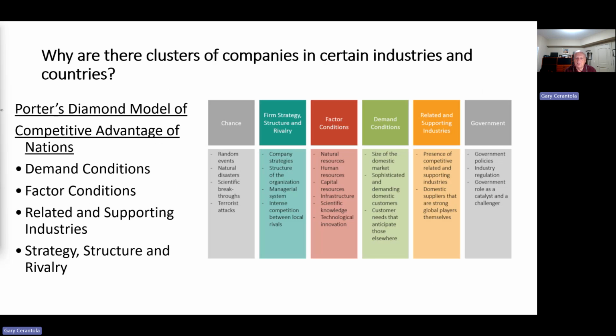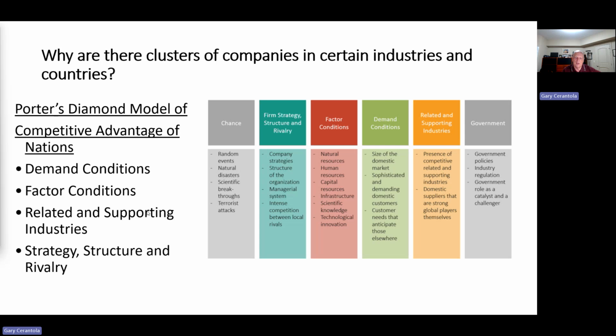And then here, I talked about Porter's diamond model. So essentially, understanding, before you go out there, what are the demand conditions in that foreign area? What are the factor conditions? Those natural resources, human resources. What are the related and supporting industries? I talked about building a business to create motors in Germany.